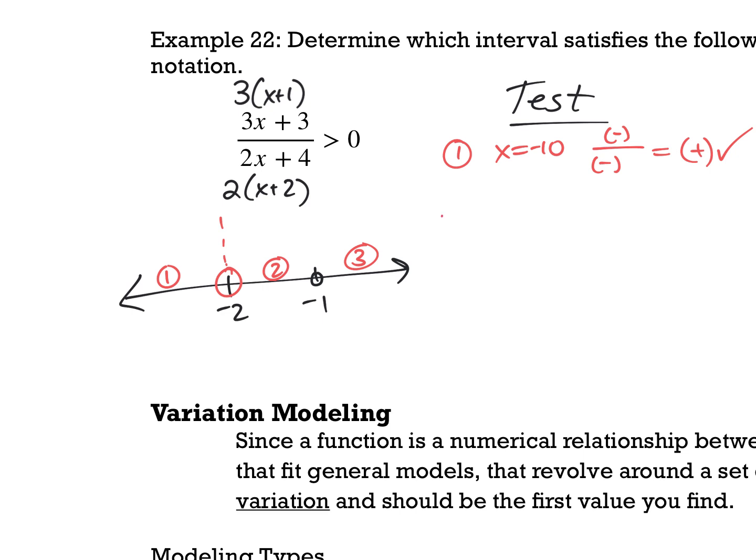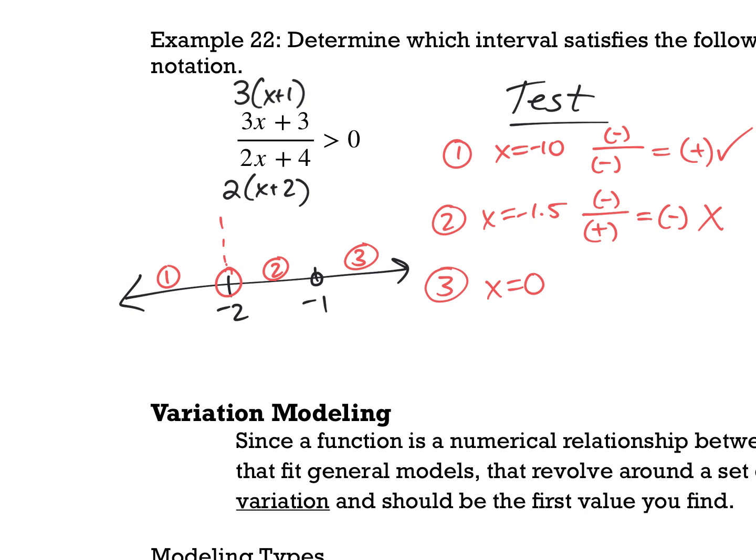That second interval, I used x equals -1.5. And when we do that, we end up with a negative value in the numerator and a positive value in the denominator. That's going to result in a negative number, which we do not want. And then finally, on interval number 3, I used 0. That's my favorite number to plug in.